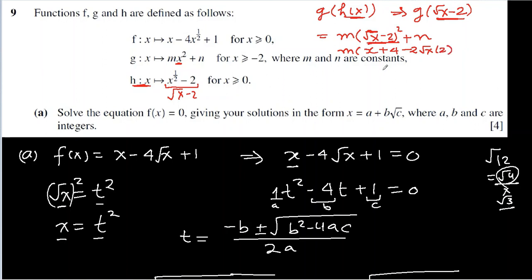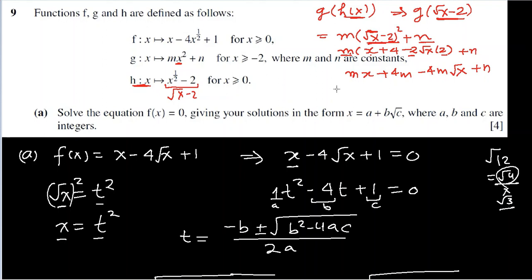So what does that become? mx, m multiplied by x, plus 4m, minus 4m square root x. You can pause the video and see how I got this. This m multiplied with the whole of the bracket, and then this n was untouched. We write n after this.